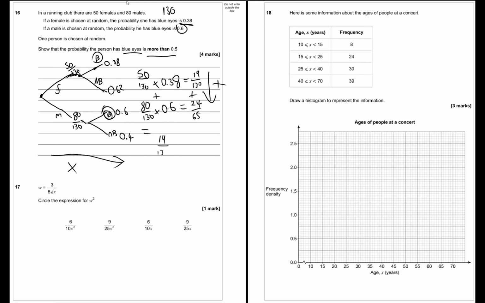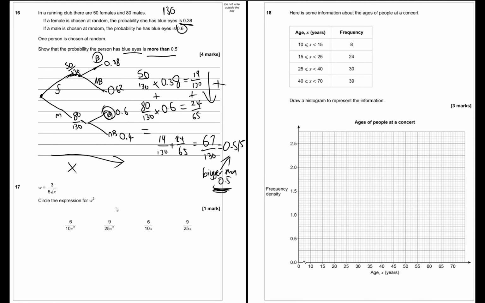So 19 over 130 plus 24 over 65, let's see what we get. It gives you 67 over 130, and this as a decimal is 0.515. So this is bigger than 0.5, so that has proven what the question wanted. Okay, done for question 16.